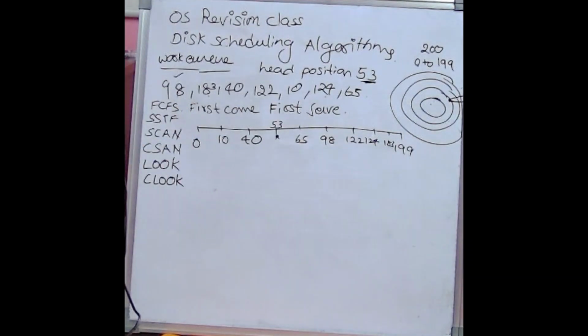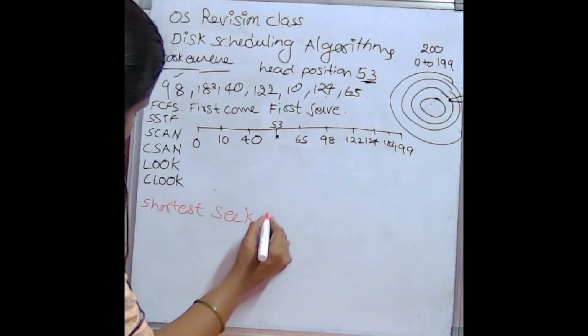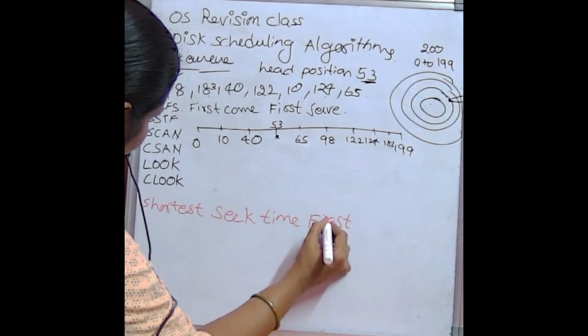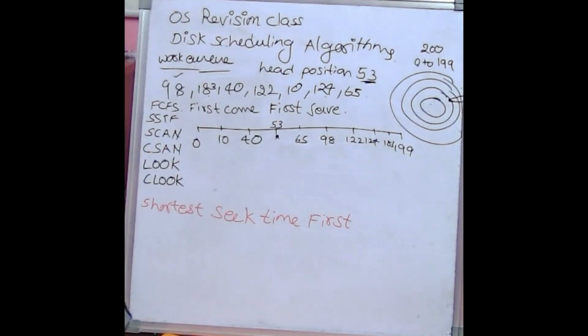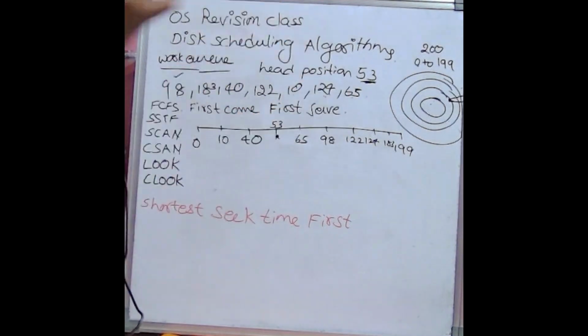So that is according to FCFS. The second technique is shortest seek time first. Shortest seek time first means, from the current position, among all these requests, 1, 2, 3, 4, 5, 6, 7 requests, which is the nearer one?